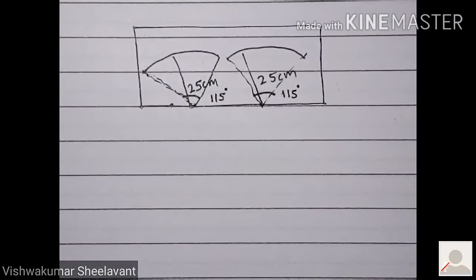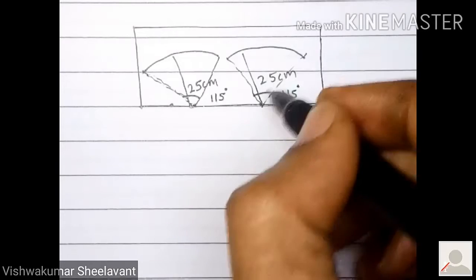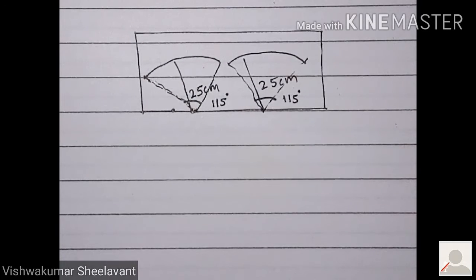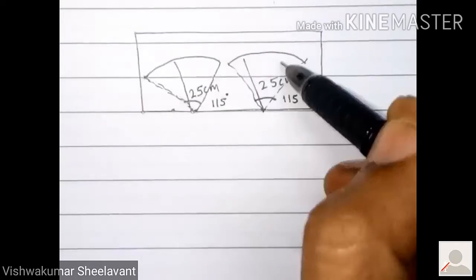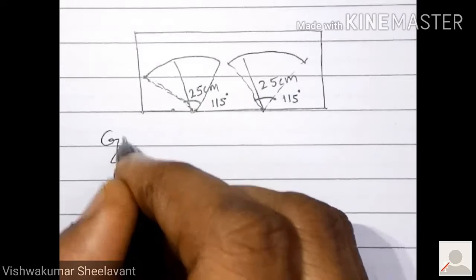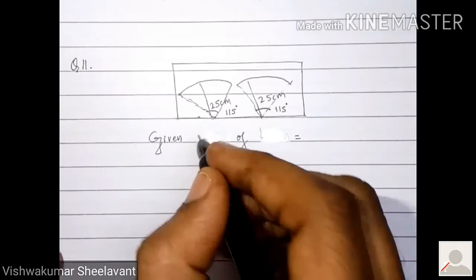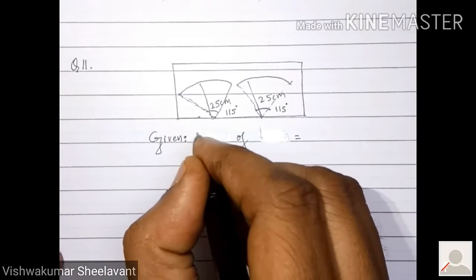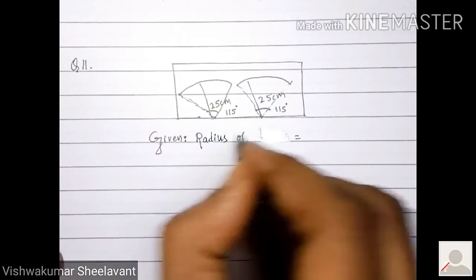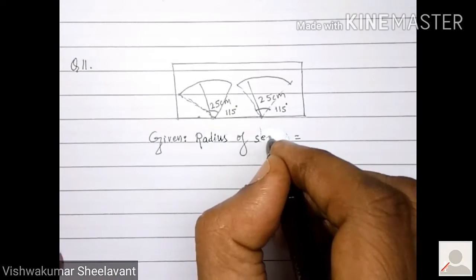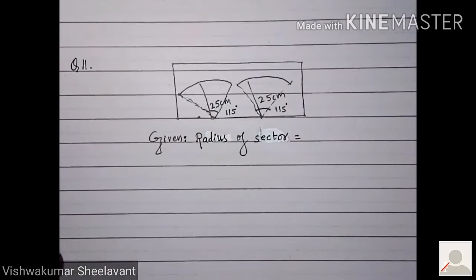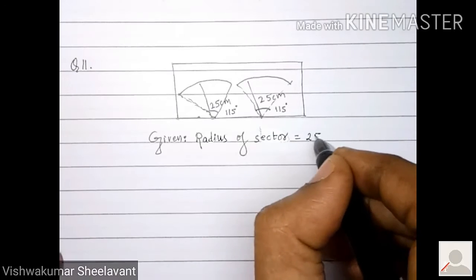So what do these look like? Can anyone tell me? What do these areas look like? Radius of sector is equal to 25 centimeter.